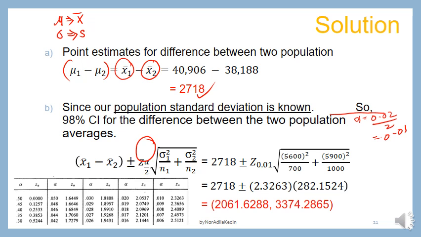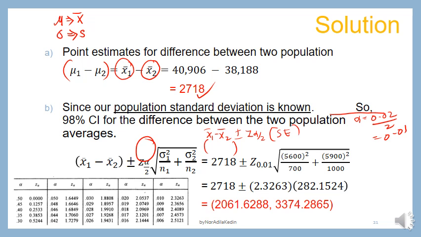Okay, sebab 98%. So that's why dekat sini, okay, ini tadi adalah mean difference x bar 1 minus x bar 2, z alpha over 2. Okay, and this is your standard error.